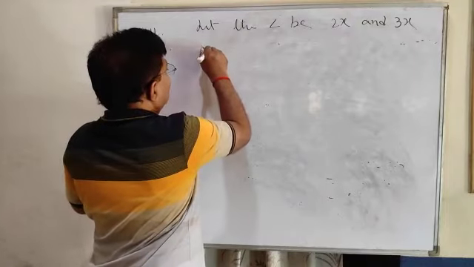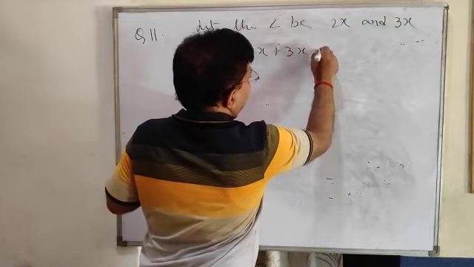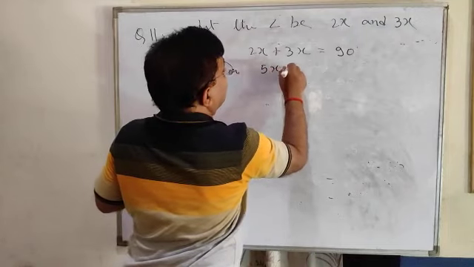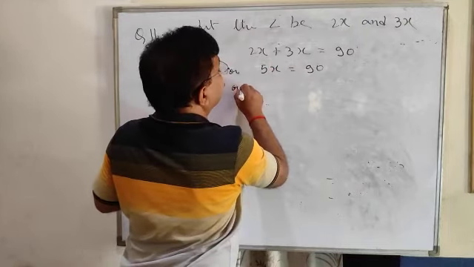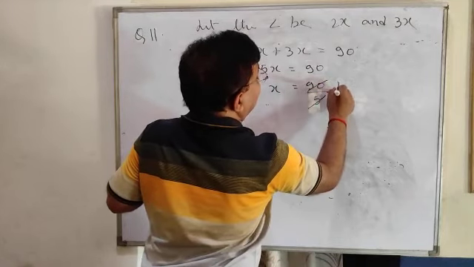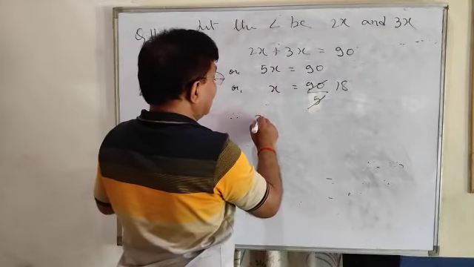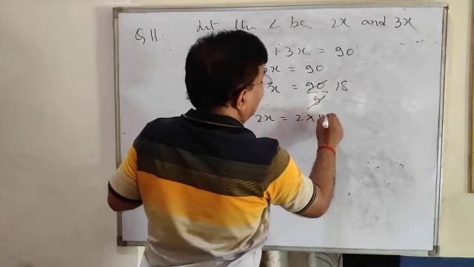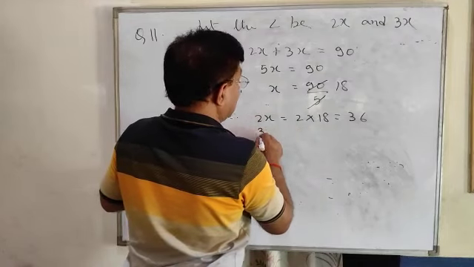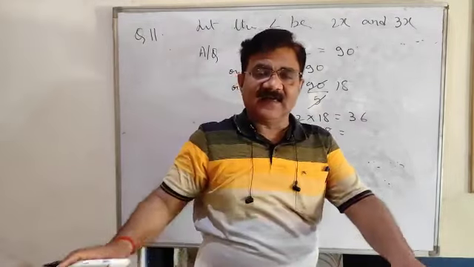According to the question, their sum must be 90 degrees. 2x plus 3x is equal to 90 degrees, or 5x is equal to 90 degrees, or x is equal to 90 by 5, means 18, 5 18s are 90. So one of the angles, 2x, is equal to 2 into 18, and that is 36, and the other angle is 3x, means 3 into 18, and whatever you get, that is the answer.